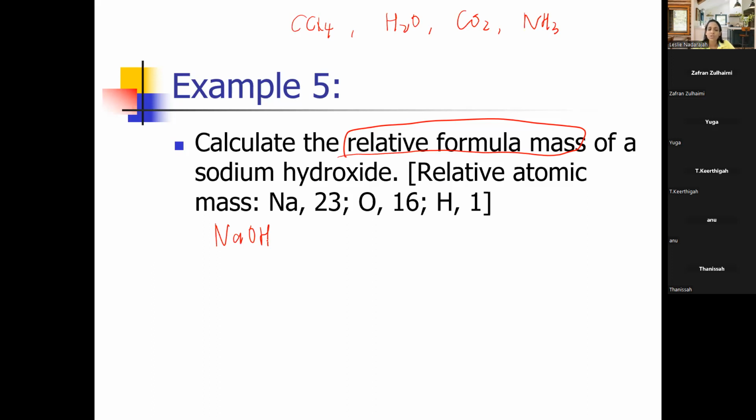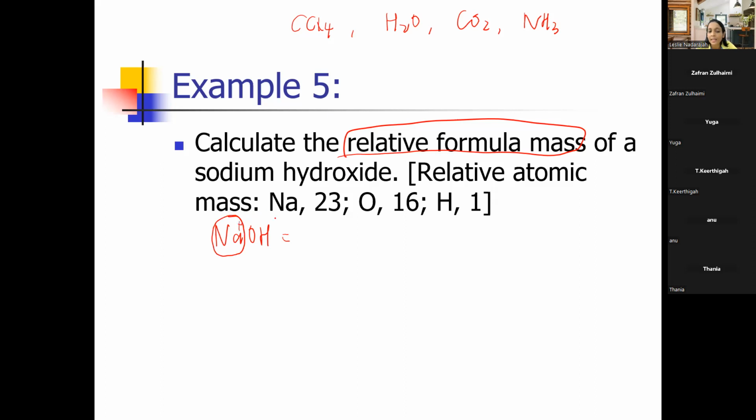So NaOH. And how do I find out the relative formula mass? Why must this be formula? Why can't it be molecular mass? Because it's non-metal. Not really. This is a compound, or you can say that because it consists of ions.